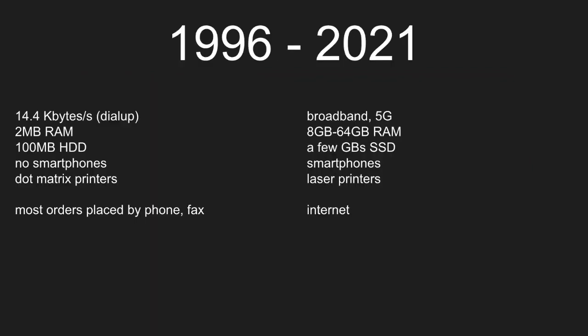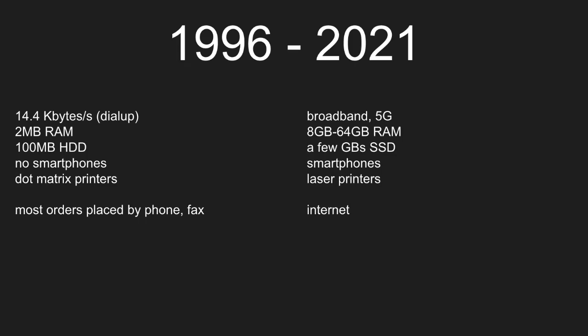What has changed from 1996 to 2021? Back in the days, I was using a dial-up connection. I had 2 megs of RAM, 100 megs of hard disk. There were no smartphones in 1996, and I used a dot matrix printer. By that time, most of the orders were being placed by phone or fax.